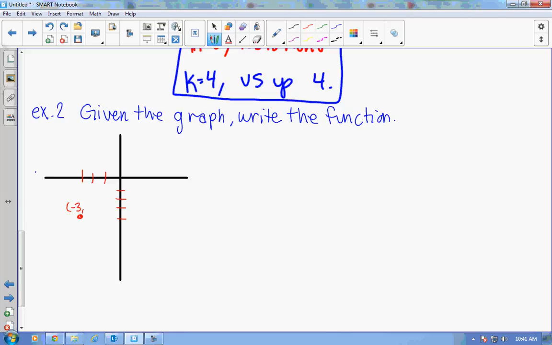Okay, this point is -3, -4. Plot that point, please. Also plot -2, -5, and -4, -5.